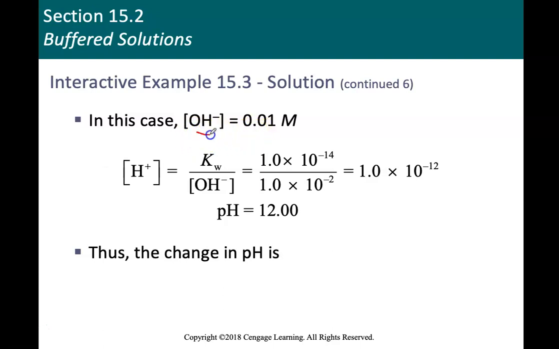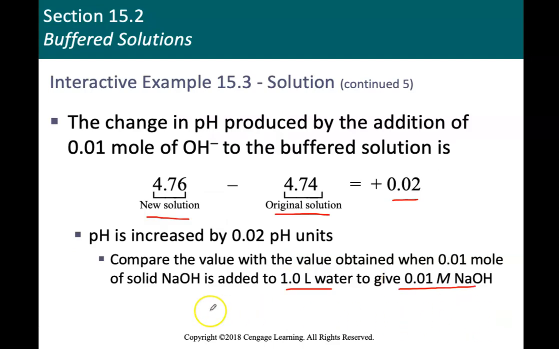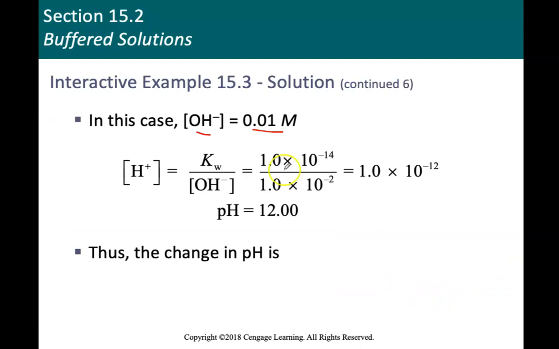From 0.01 mole hydroxide, we can work out the hydrogen ion concentration: Kw over the OH concentration, that is 10 to the minus 14 over 10 to the minus 2, and that gives you a hydrogen ion concentration that corresponds to a pH of 12.